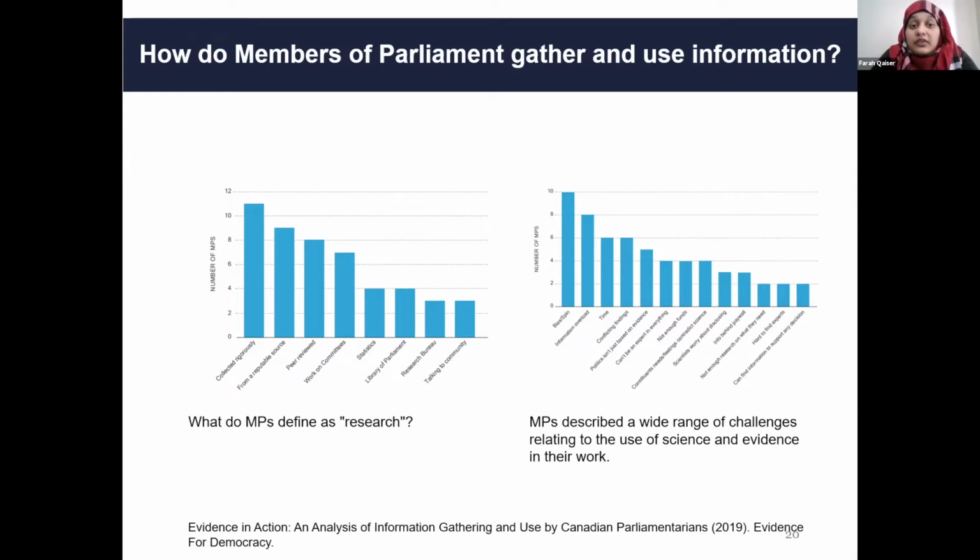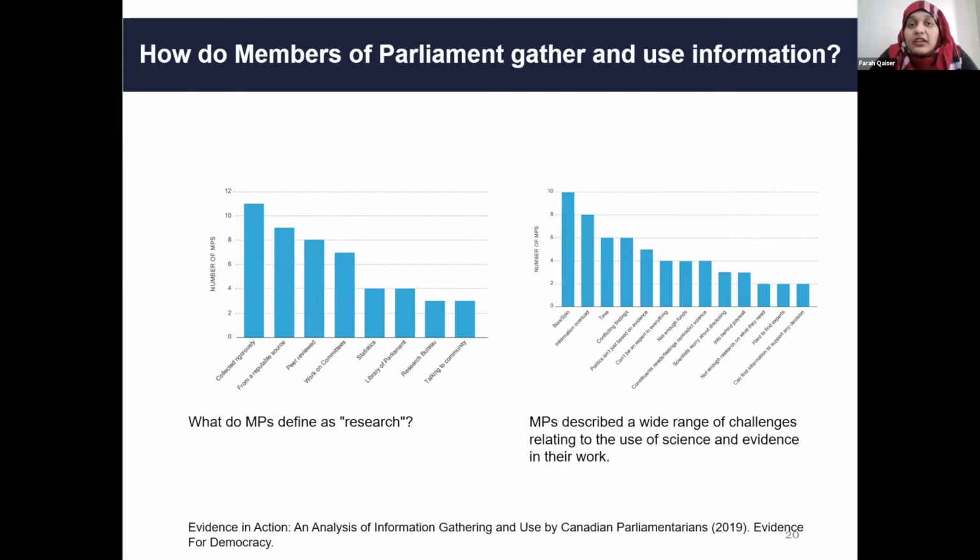It includes statistics. It might be from the Library of Parliament, Research Bureau, talking to community. So it's really interesting that there's no shared definition of research among the members of parliament who were interviewed for this study, and that research really means different things to different folks who are working at this federal level.